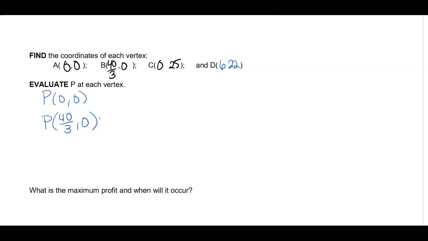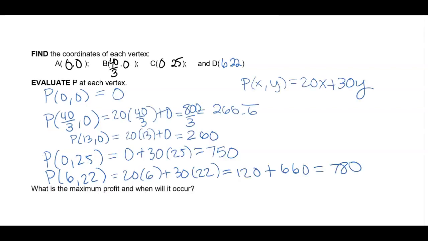If we feel like it's close, we'll go back and adjust to, like, if I can't order 13 1/3, I could really just only order 13. And so if I have to, I can check out, like, what if I plug in 13? Because that's really the possibility in this scenario, okay? And then we had 0, 25 and 6, 22. So go ahead and take a minute. So check your answers, and you can feel free to correct me because you all know arithmetic is not my strong suit. So make sure my answers match what you got.